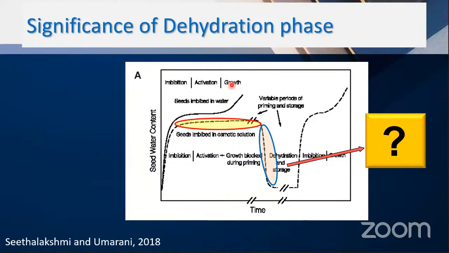So standardize in such a way that 12 or 24 hours will be okay for most seeds. After that, with proper drying, it behaves like an ordinary seed, not a primed seed. In fact, this initial improvement in seed vigor will be sustained.